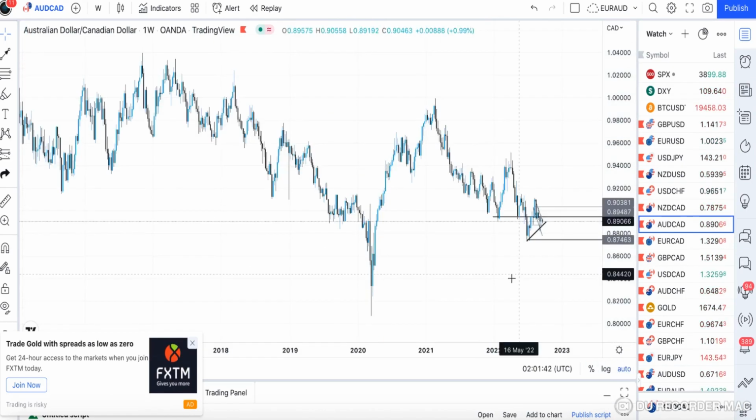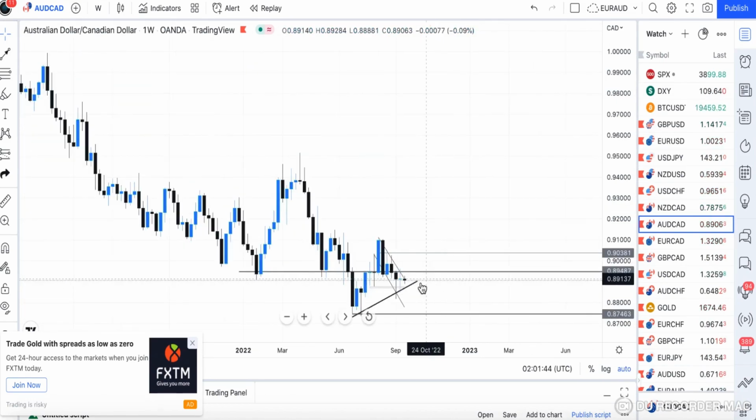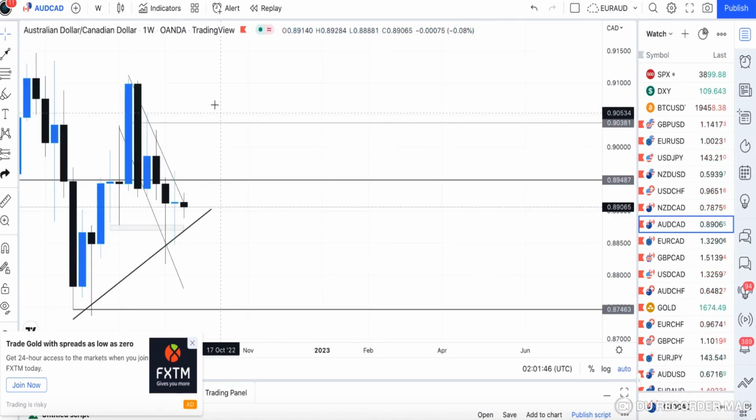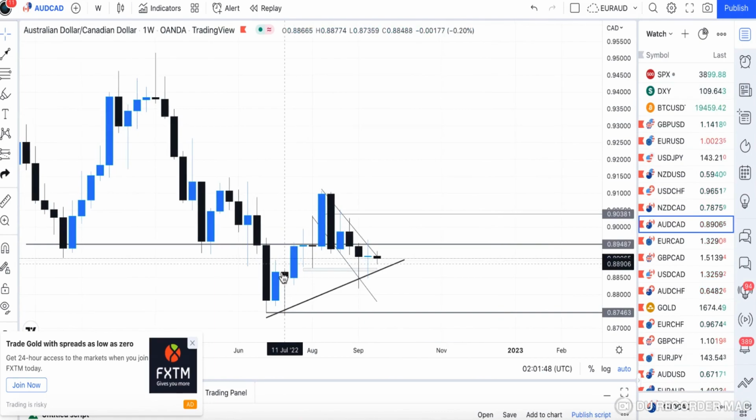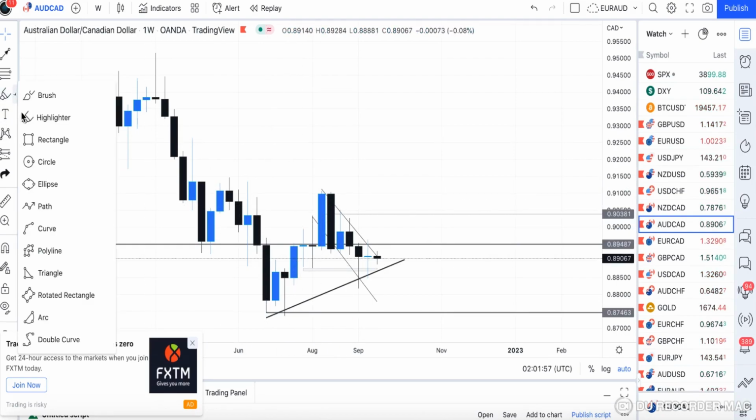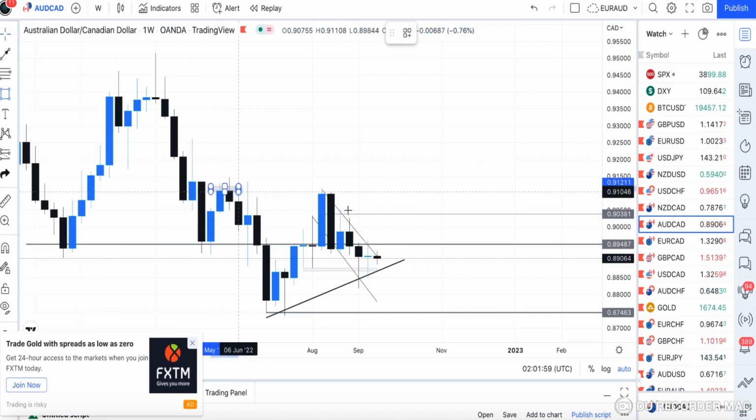If you see the weekly time frame, we have a buying pressure at this particular area. Then we have a rejection at this resistance level.